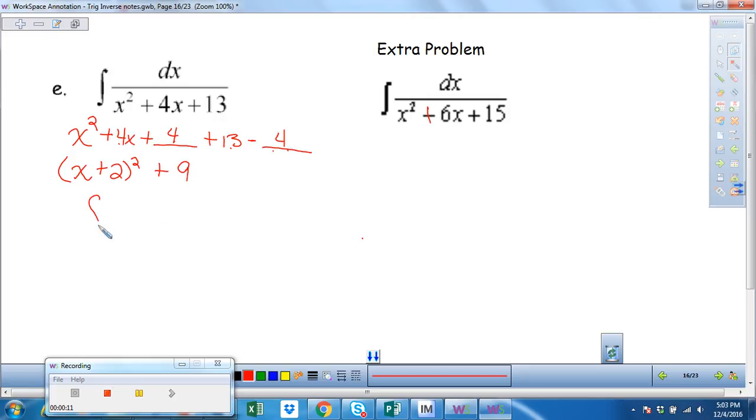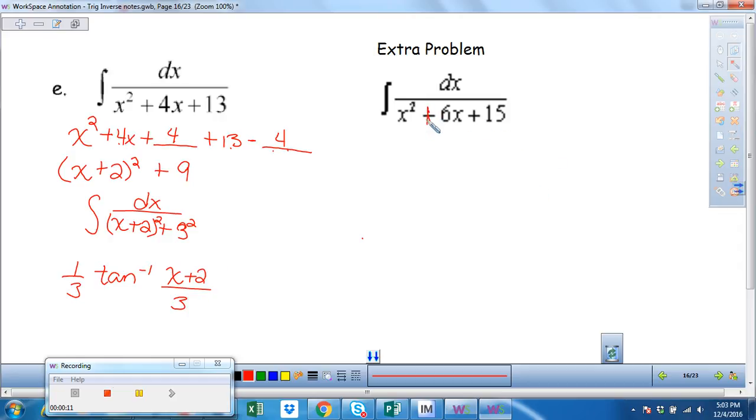So technically, this is tan inverse because my u is x plus 2 and my a is 3. So I write this as the tan inverse, well, first of all, I have to do the 1/3 on the outside, of u, x plus 2, over a. Okay? Same thing for this one.